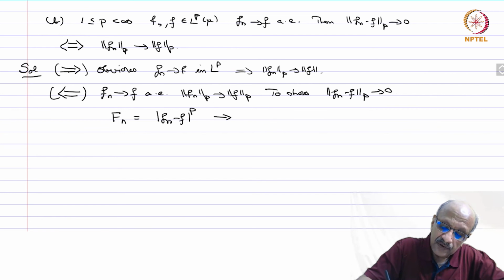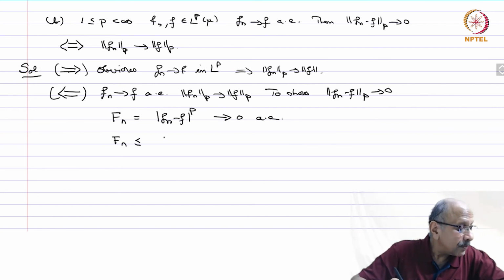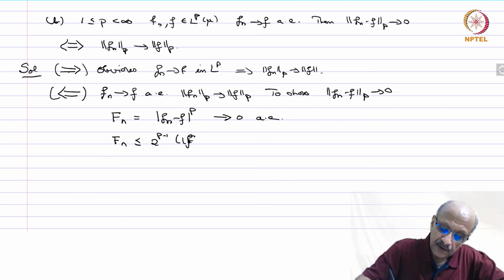By hypothesis this goes to 0 almost everywhere, and then by convexity this is less than or equal to 2 power p minus 1 times mod Fn to the p plus mod f power p.